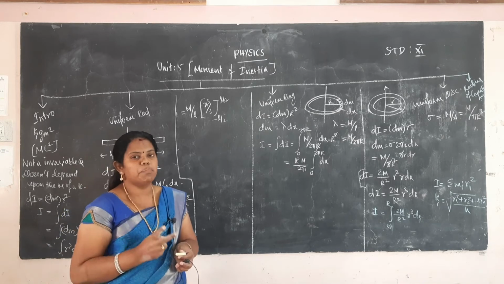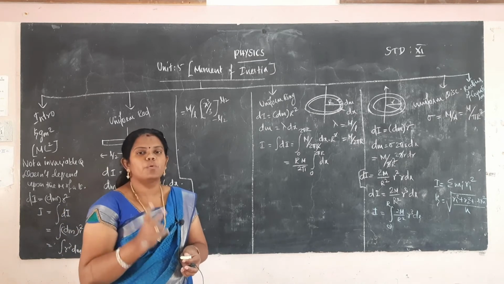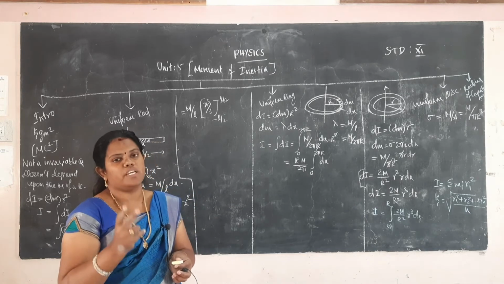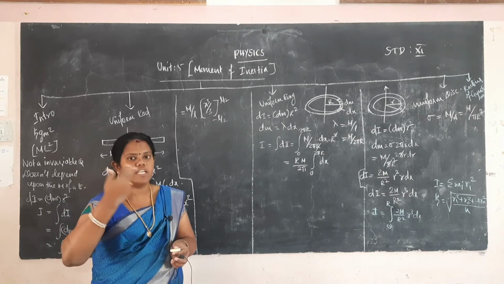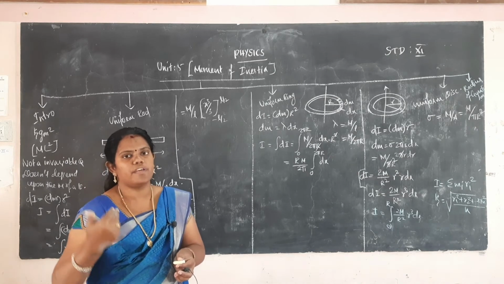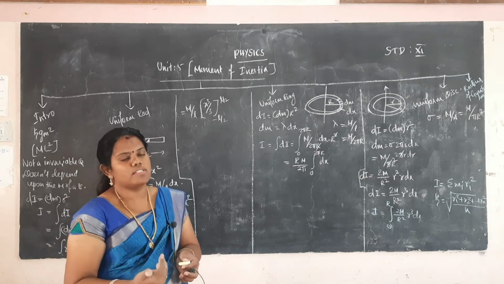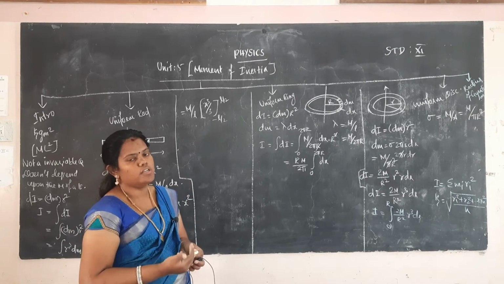Simply put, when an object moves in translational motion, its mass is considered as inertia, but when it moves in rotational motion, its mass is considered as the moment of inertia.